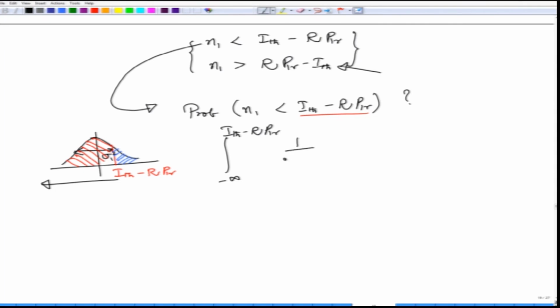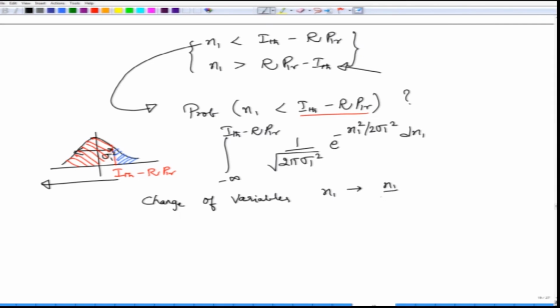The function will be 1 by root 2 pi sigma 1 square, it is not sigma 0 square, and then you have e to the power minus n1 square divided by 2 sigma 1 square dn1, okay. You can do a change of variables over here. I will just introduce you to that one and I will leave this as an exercise to you. So, change of variables from n1 to n1 by sigma 1, define it as t, and then change the limits appropriately, change the integration variable appropriately.